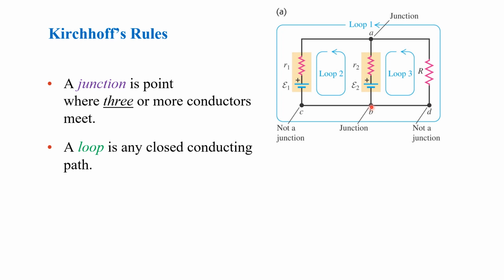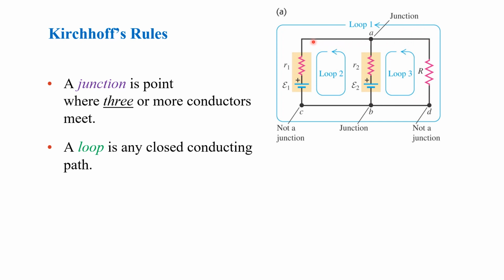On the other hand, a loop is any closed conducting path. So for example, for this case here, since this path here is closed, you call this one a loop. This one also is a loop.